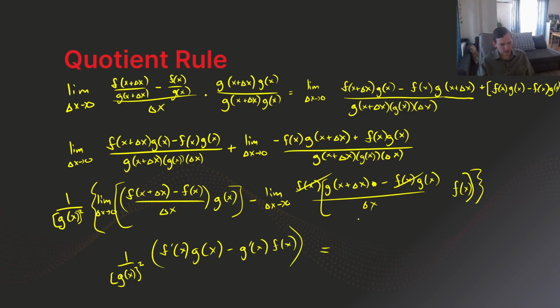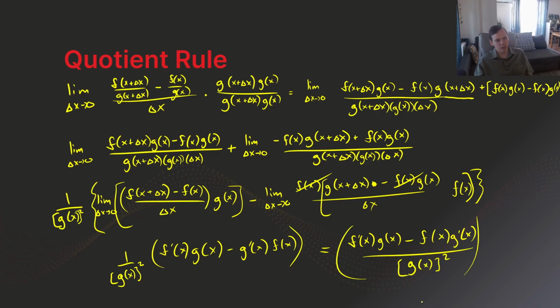And if I write that like we wrote it before, it's going to look something like this. I don't remember what I had written for you before, but it's going to be something like this, which is proof of our quotient rule.